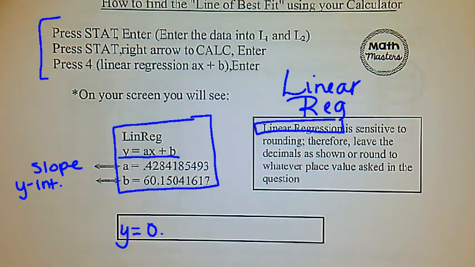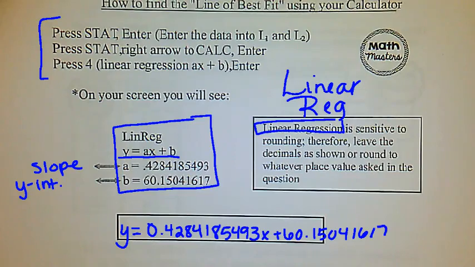So literally your answer is just whatever is right here, 84185493, slap an X on the end of it, and then plus 60.15041617. So that would be your linear regression. That would be the equation, your line of best fit. That's off your calculator screen.